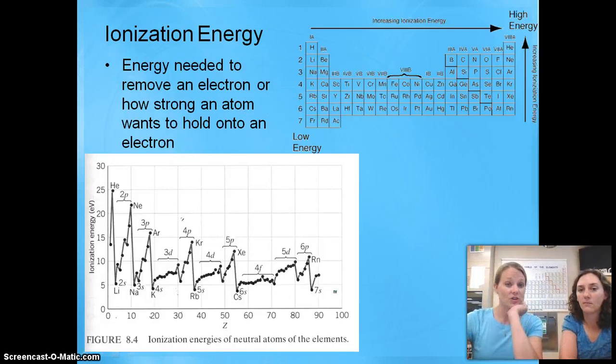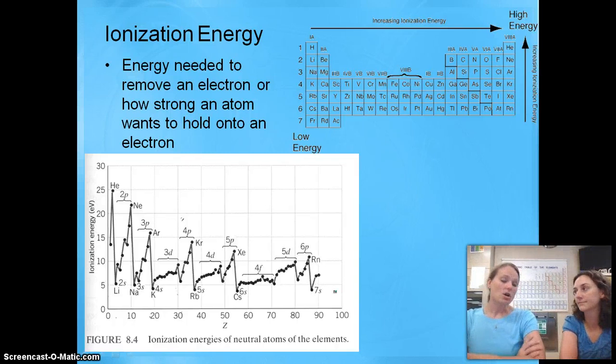Ionization energy, your next trend we're going to talk about. Ionization energy is the energy needed to remove an electron, or how strong an electron wants to hold on to one. Now what we have to think about is, who wants to lose electrons? Your groups 1 and 2. They want to get rid of it, so it's not going to be a lot of energy for them to get rid of it.